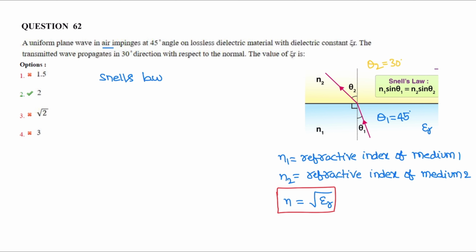What is the value of epsilon r2? Medium 1 is air, so epsilon r1 is 1.